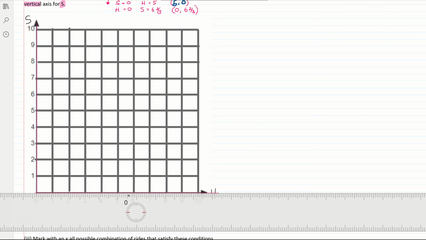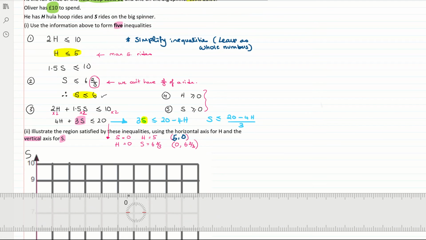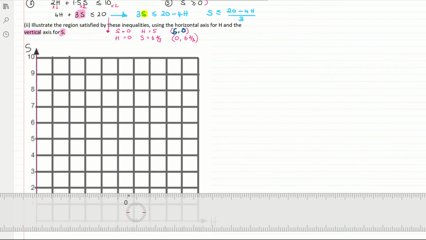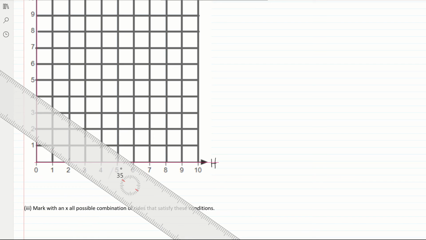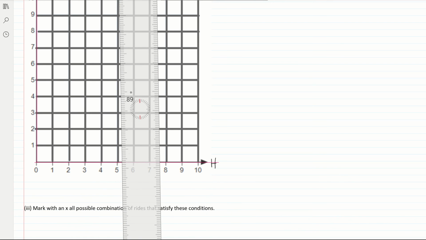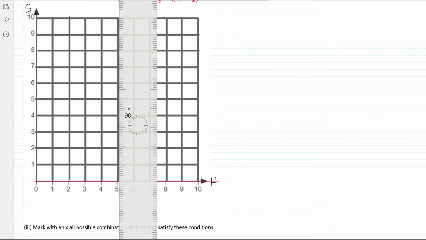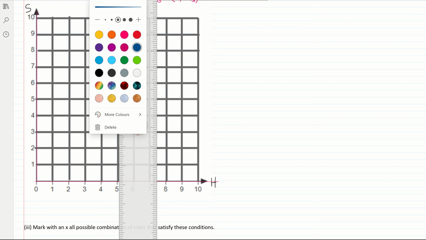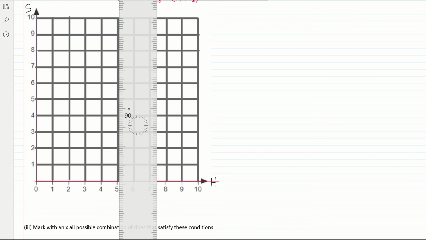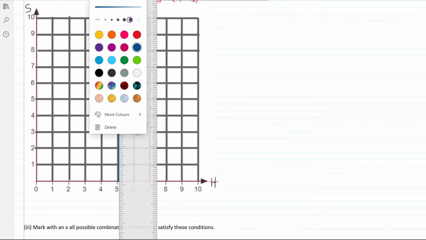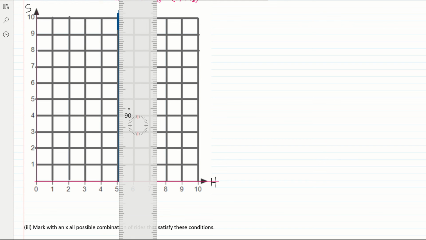That's it. And then we want H is smaller than or equal to 5. So H is here. Yep. So let's do that. I think I'll make it a bit bigger. That's it.